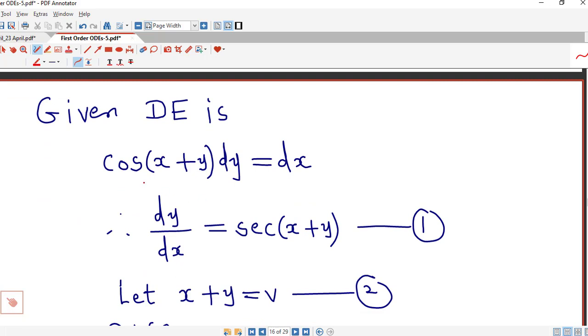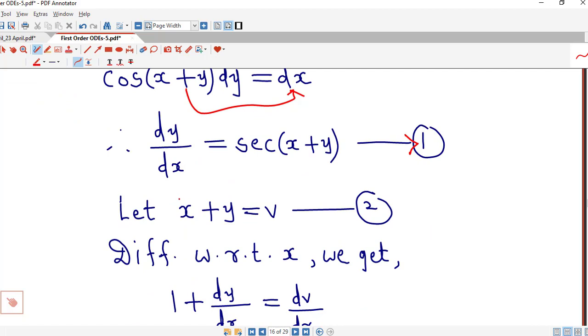The given differential equation is cos(x+y) dy = dx. Therefore dy/dx, taking this on the right hand side, and 1 upon cos is written as sec(x+y). We give this number 1 and use the substitution x+y = v.